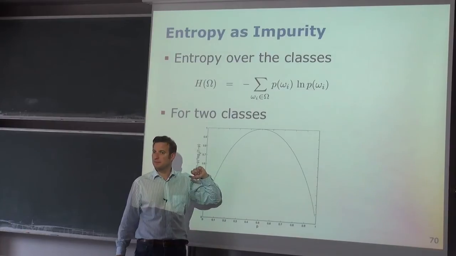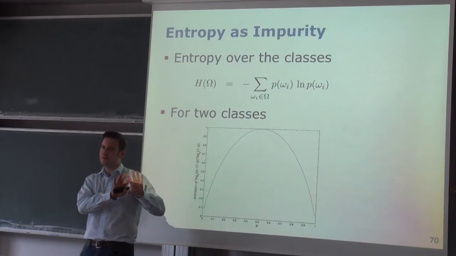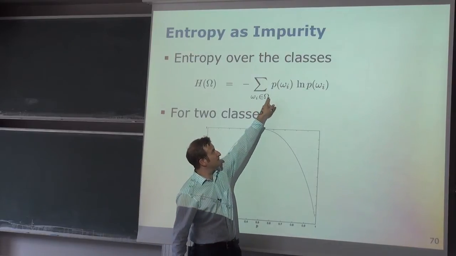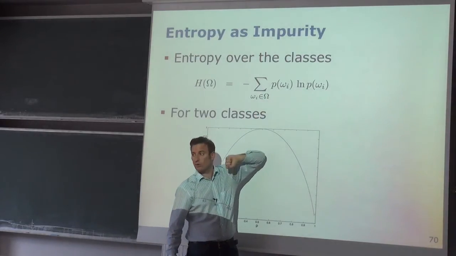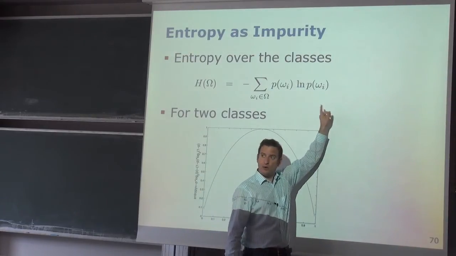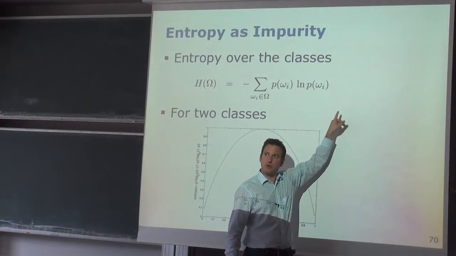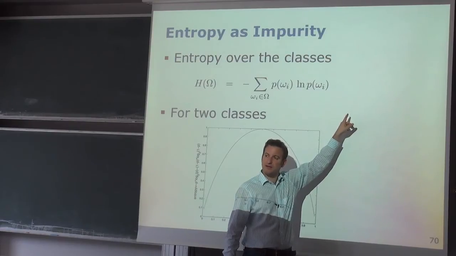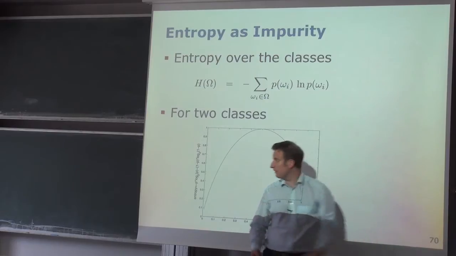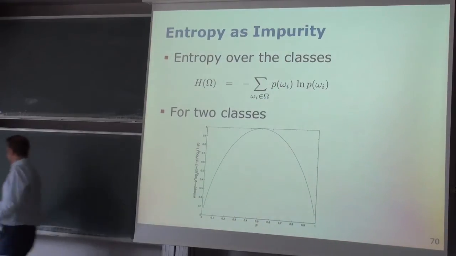Okay? So is the idea of entropy clear? If I have two classes, it is simply P of class 1 times the log of P of class 1, plus 1 minus the probability of class 1, which corresponds to the probability of class 2, times the log. So maybe I write that down.